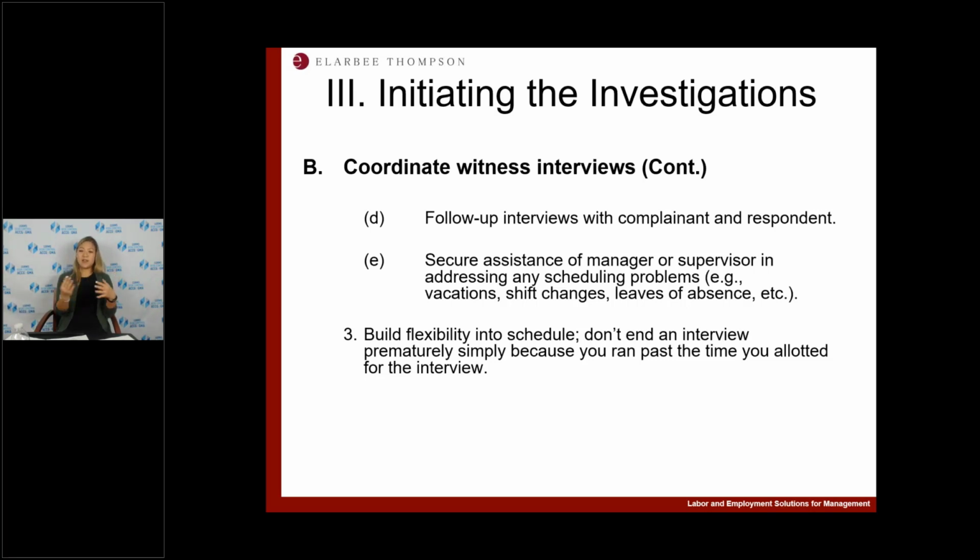I asked him for all the examples, and I also asked, has anyone ever said anything about your race? Has anyone ever said anything about your gender? Why do you feel like you're being mistreated because of your sexual orientation? Because he wasn't able to give any specific points, no one had said anything specifically about his race, gender, or sexual orientation, and we were just talking about his interpersonal conflicts with his boss, he said, okay, maybe it's not because of this, but it's because she doesn't like me.